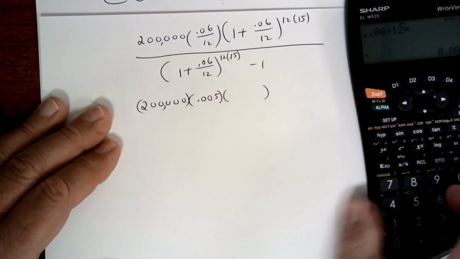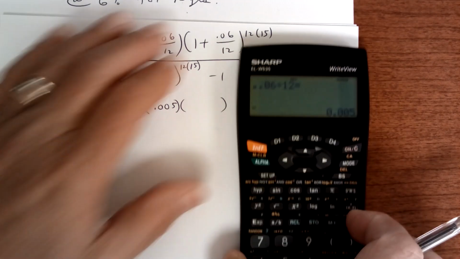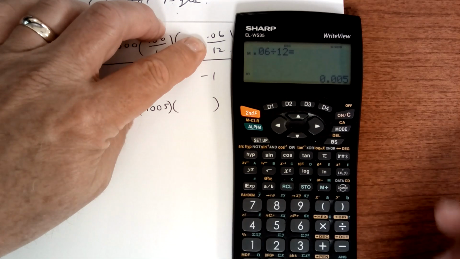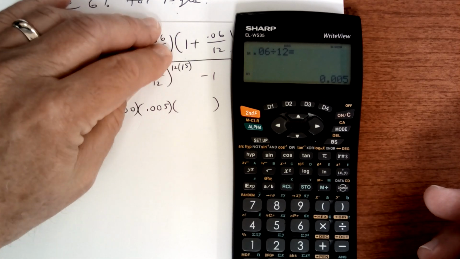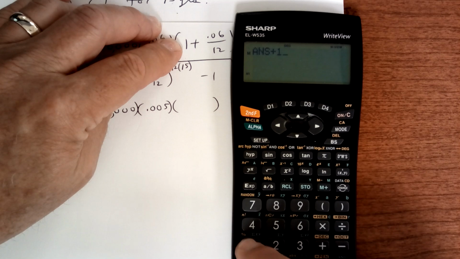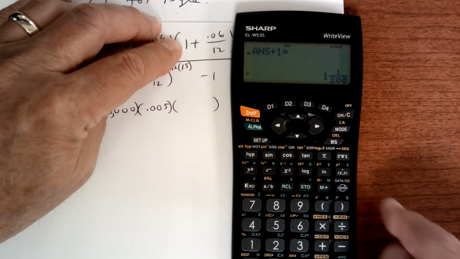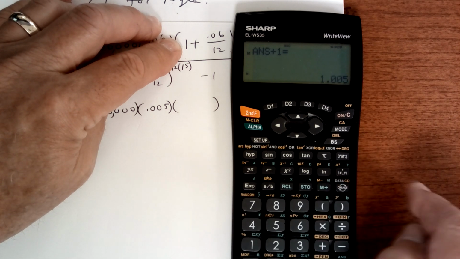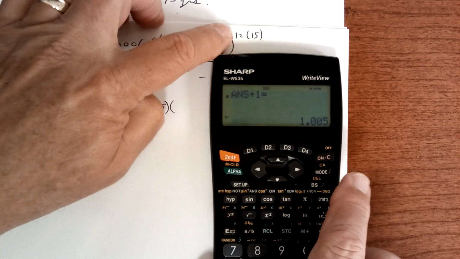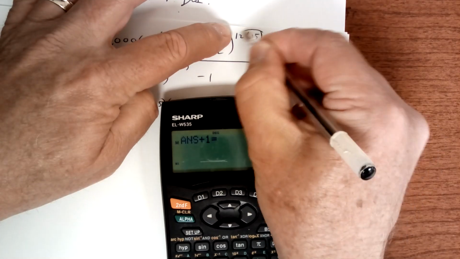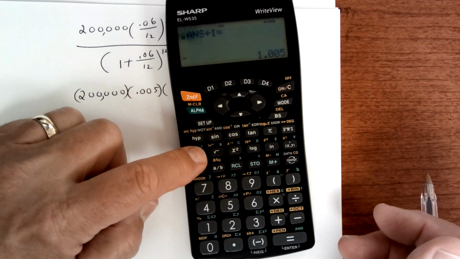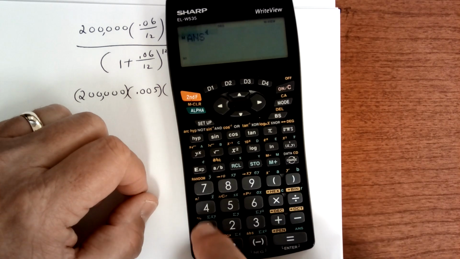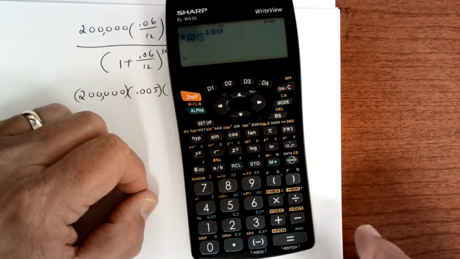Now, take 0.005 plus 1. Press equals. Raise that to the 180th power. So press whatever key that's going to raise it to the 180th power. Press equals.